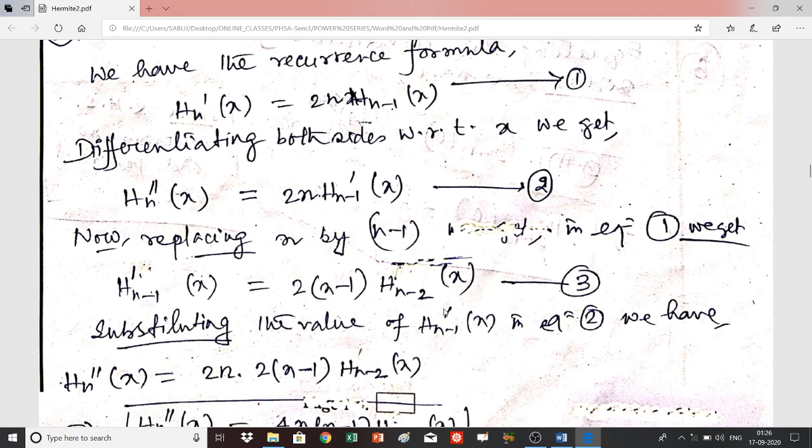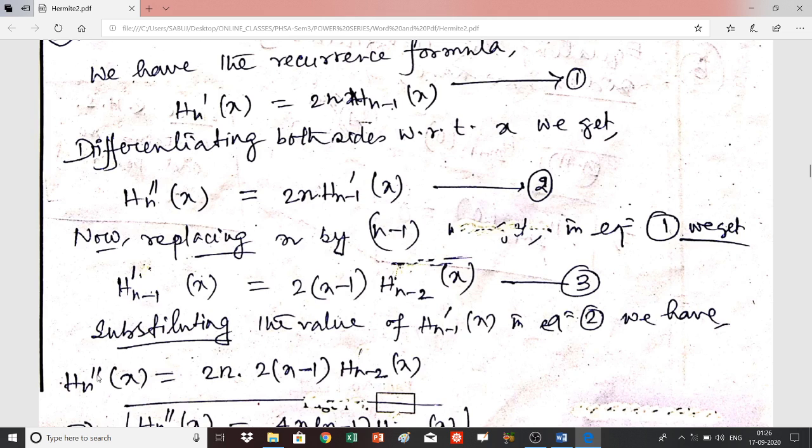Now substituting the value of h_{n-1} prime x in equation 2. In this relation there is a term h_{n-1} prime, and we have h_{n-1} prime as this. So just substitute it.